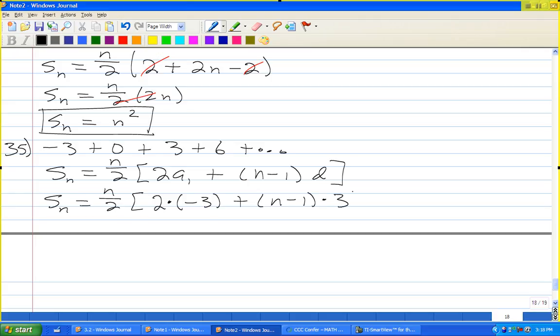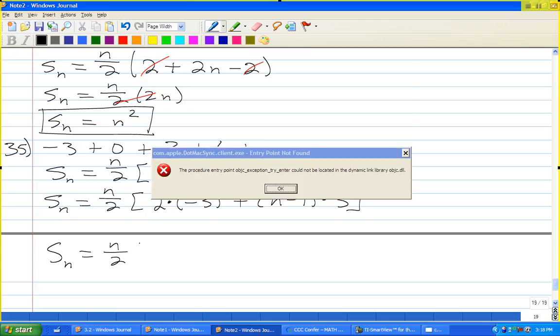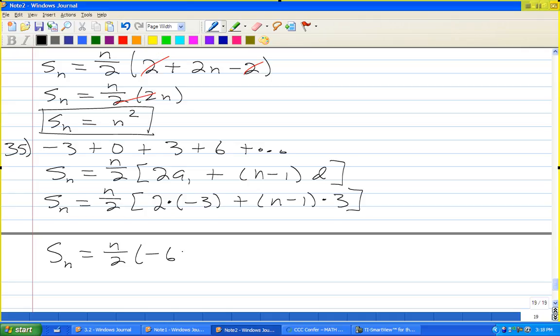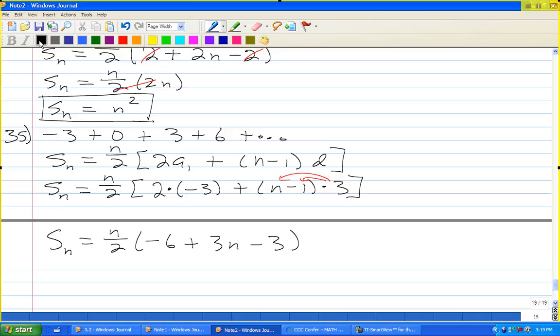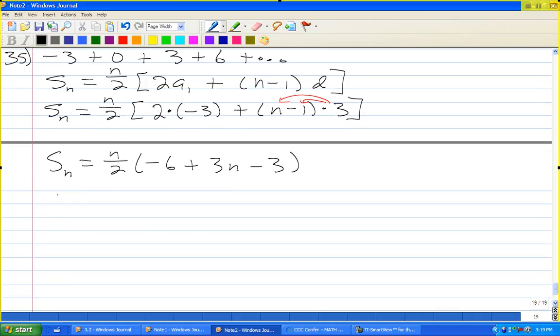The common difference is 3. So S sub n equals n divided by 2 times negative 6. Let me multiply the 3 inside the parentheses, plus 3n minus 3. So S sub n is equal to n halves times 3n minus 9. And that is your answer.